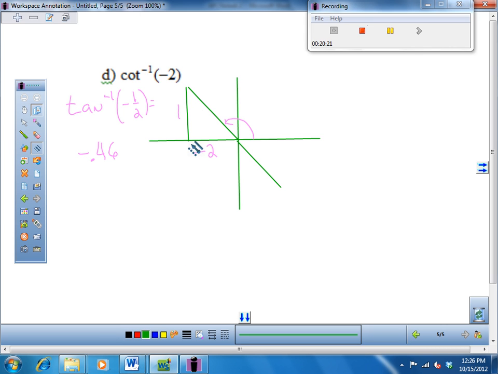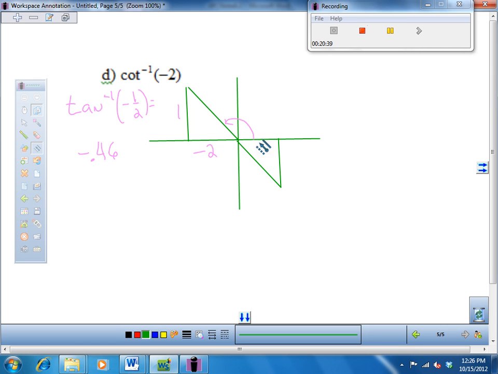Because inverse tangent is only found in the first and the fourth quadrant. And so what I have is an angle that has the same tangent as this angle, but it's down here. So how can I figure out what this angle from here to here is? What would I have to add to that angle?